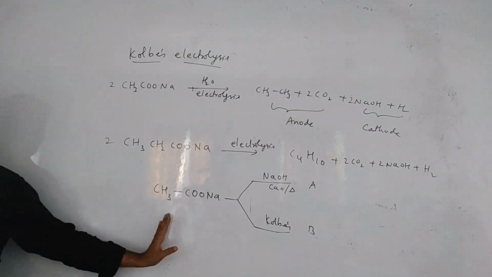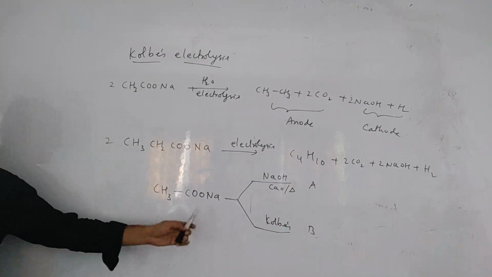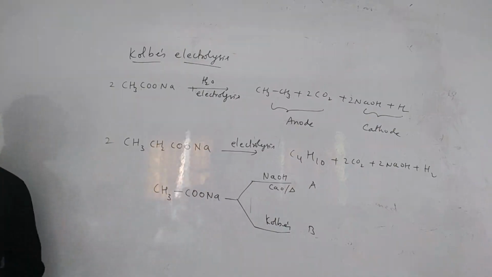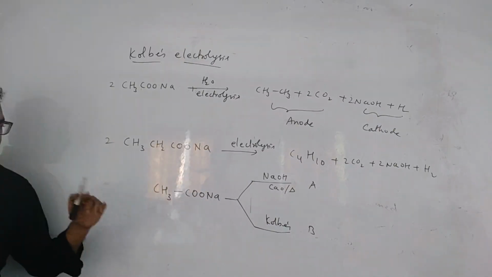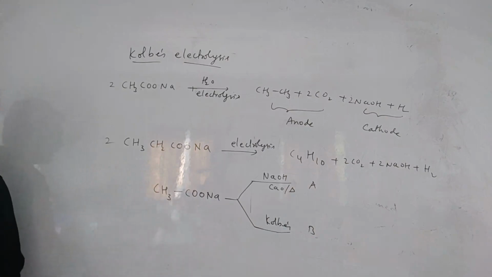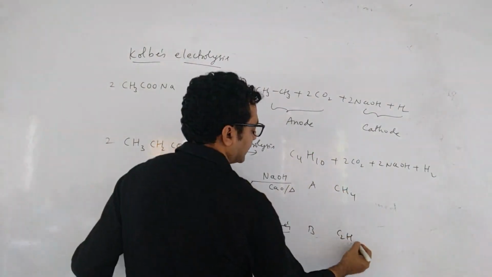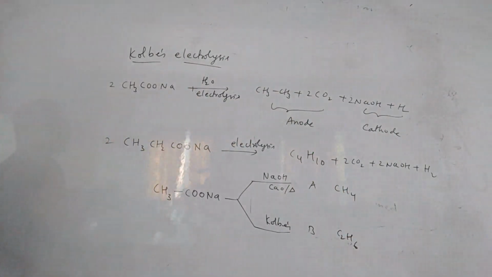This one is given NaOH and CaO, A is formed, and Kolbe, B is formed. What is A and B? A is methane, B is ethane. That's all. Right? Both are from the same sodium acetate. So A is methane, B is ethane. Easy. So these are the two methods from acids, children.